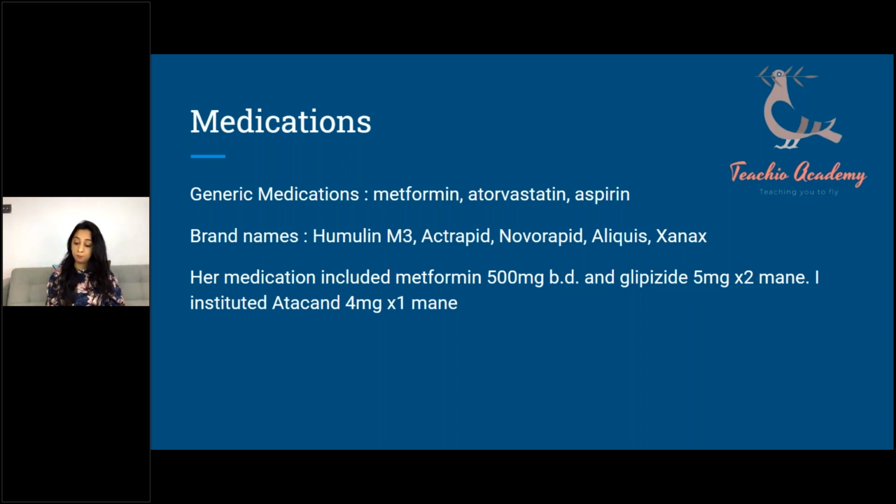If you're talking about brand names, which are medications manufactured by a specific company, then that's going to be in capital letters. Kalpana, take a screenshot of this slide, and when you're writing your OET letter or practicing your OET letters, just refer back to this screenshot. All the generic medications, small letters; all the brand names, capital letters.